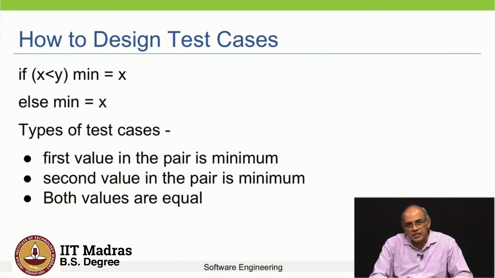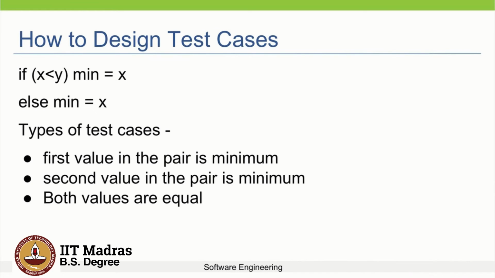So, we know what the functionality is. The functionality is supposed to calculate the minimum. So, we provide test cases where the first value is the minimum in one pair, the second value is the minimum in the second pair, and maybe a third pair where both the values are equal, to see what happens. Okay, this is known as black box testing.